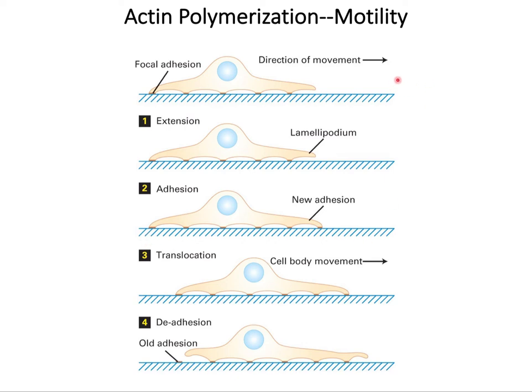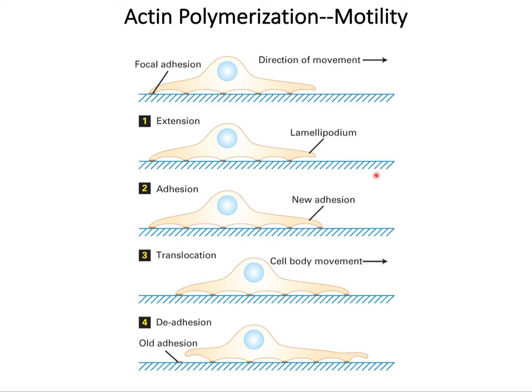So in the first step, you have what is known as the extension. The extension is characterized by stretching or outgrowth of the leading edge of the cell to form a structure known as the lamellipodium, which is the membrane structure that resembles a foot.